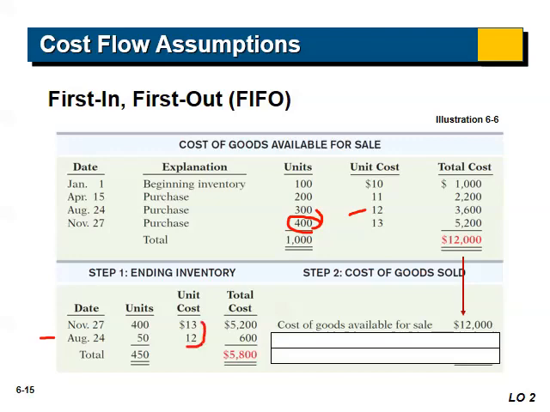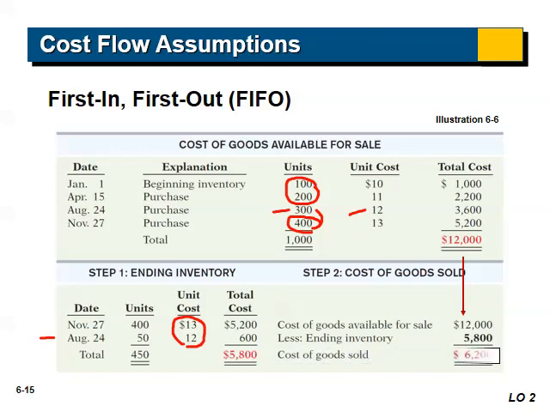Notice some of them are on hand at 13 and some at 12, which leaves us with what? That would leave us with all of these plus 250 of the $12 ones. So remember the formula: cost of goods available for sale minus ending inventory is cost of goods sold.